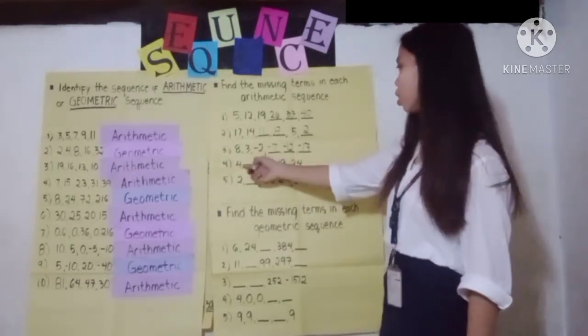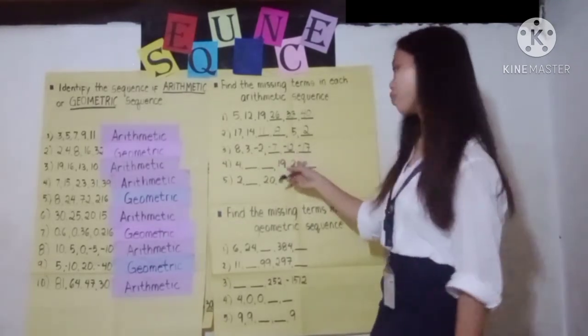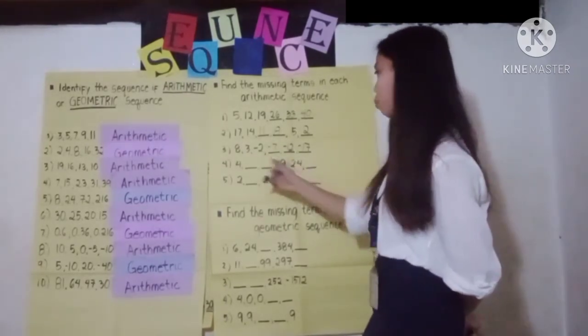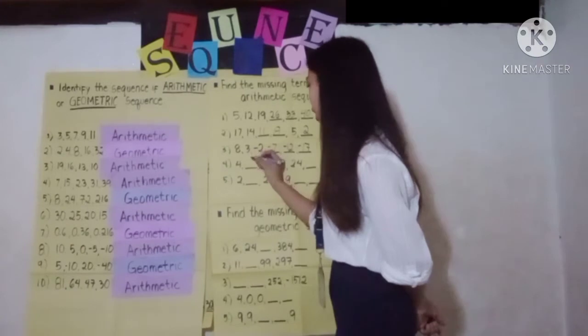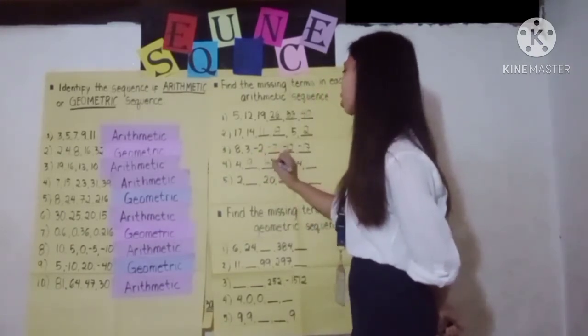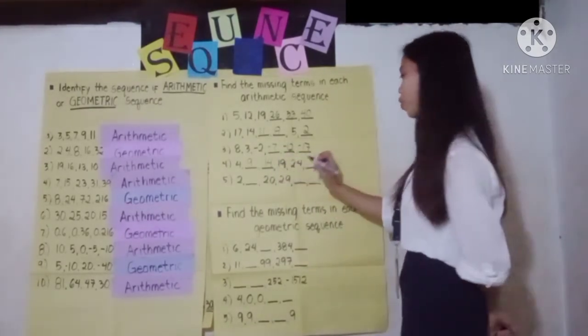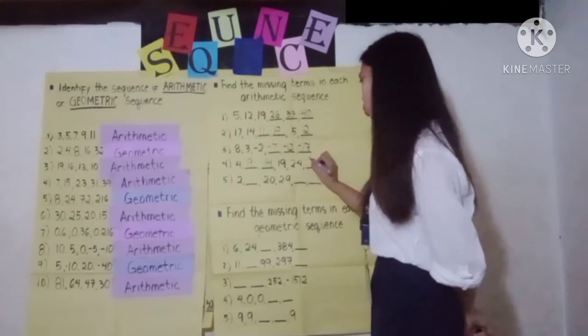So number 4, we have here 4, blank, blank, 19, 24. The difference is 5. 4 plus 5 is 9. 9 plus 5 is 14. 14 plus 5 is 19. And 19 plus 5 is 24. 24 plus 5 is 29.